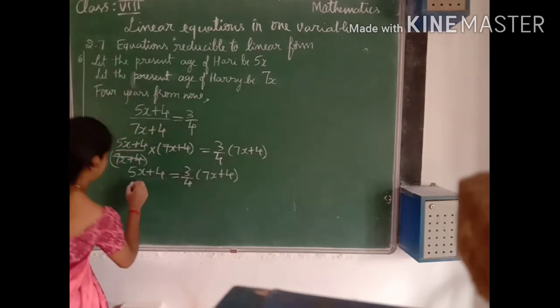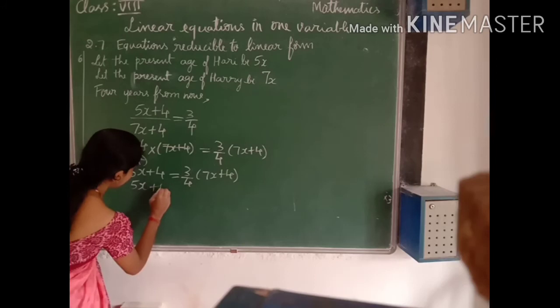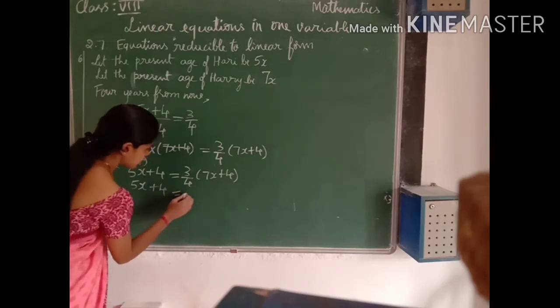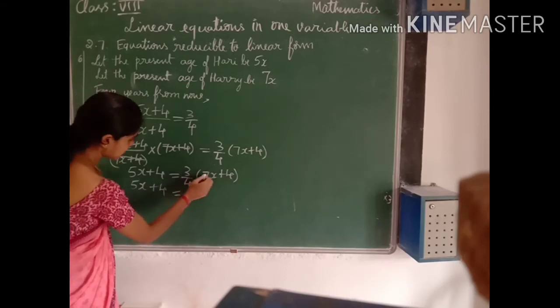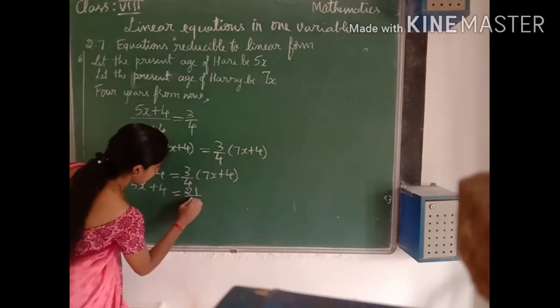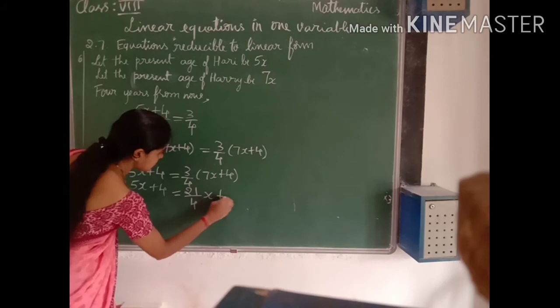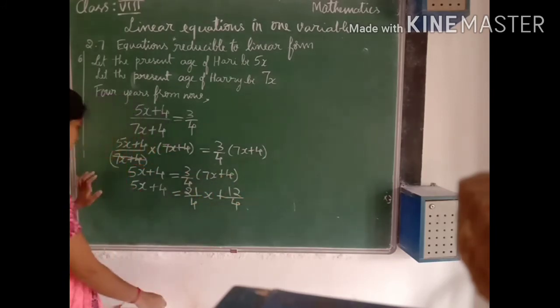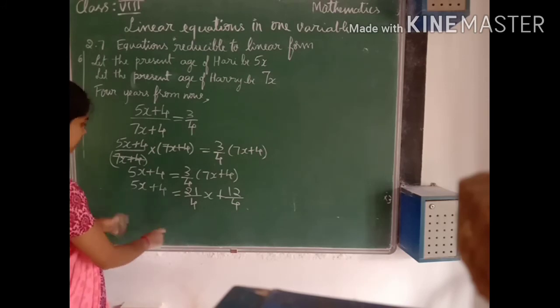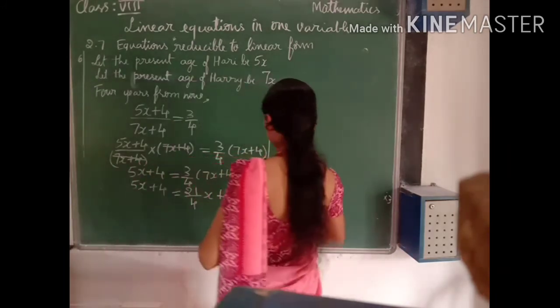Then 5x plus 4 is equal to, multiply the constant into the bracket: 7 3s are 21 by 4 x, plus 4 3s are 12 by 4. Now separate the constants and variables.